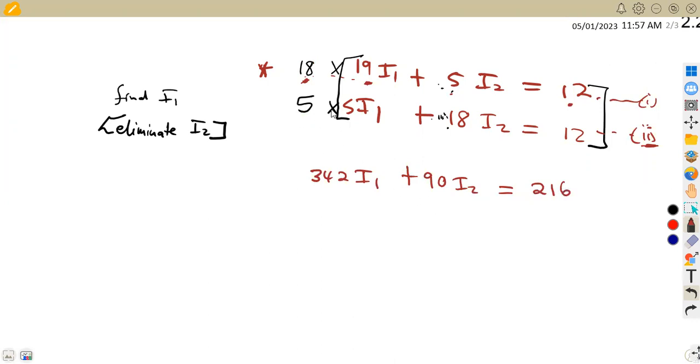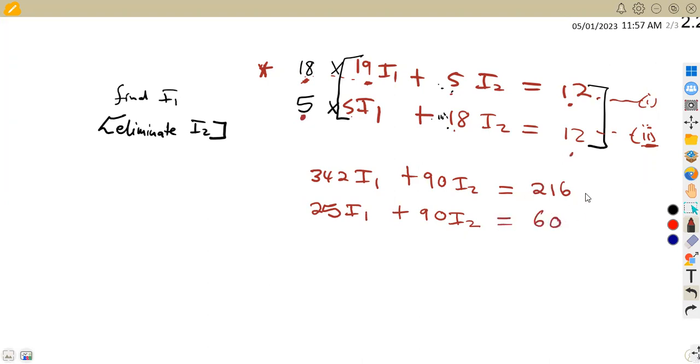The same thing with 5 in the second equation: 5 times 5 gives us 25 I1. Then 5 times 18 gives us a positive 90 I2. Then 5 and 12 is going to give us 60.